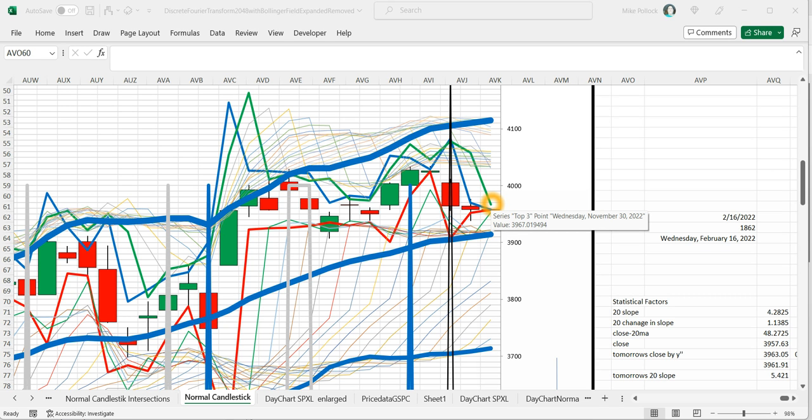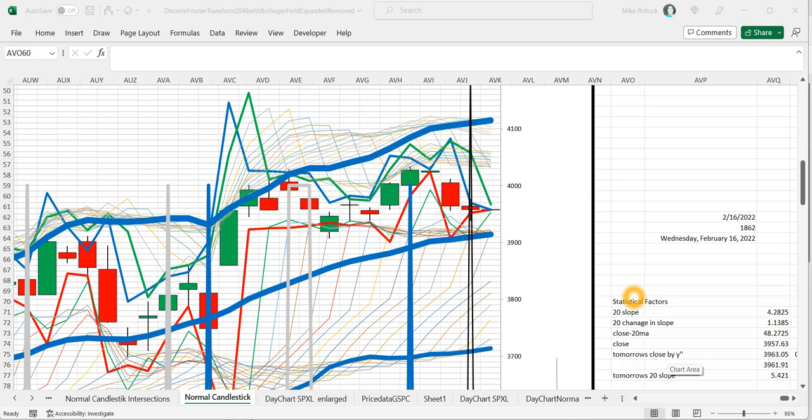Control G. Didn't look like it moved, but okay, now you can see I moved the marker forward 1. So our target day is Wednesday. And let's go to the probability chart and see what we see.